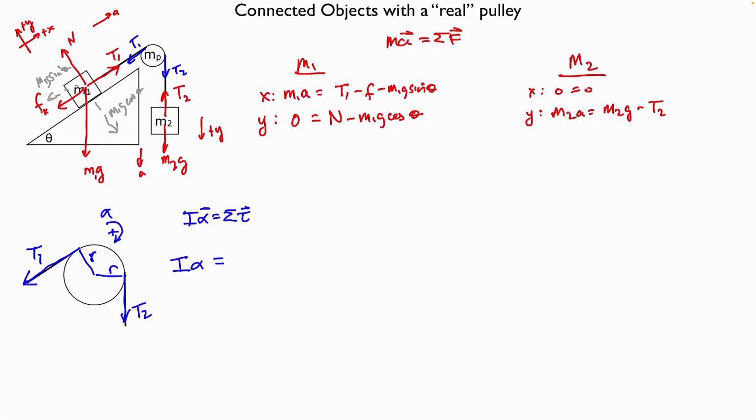But the first thing you want to do is ask yourself, how many torques are acting on the pulley? Two. Write them down. What I mean by write them down is just write torque from T1, and then torque from T2. I'm just getting down the fact that there are two torques.